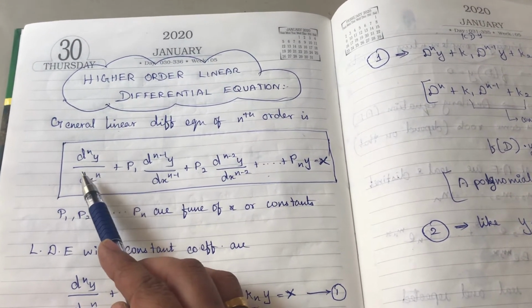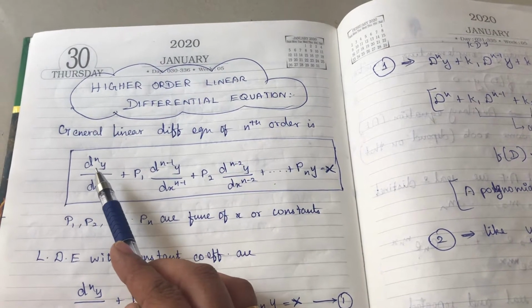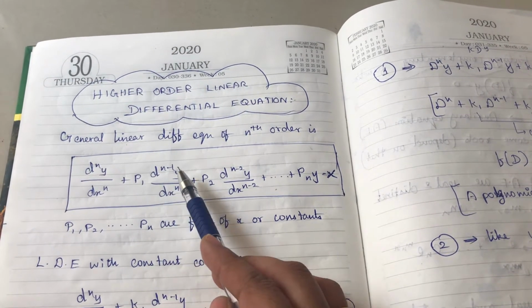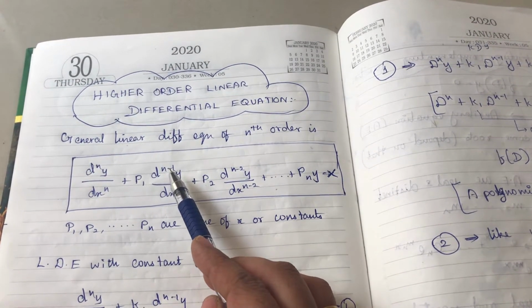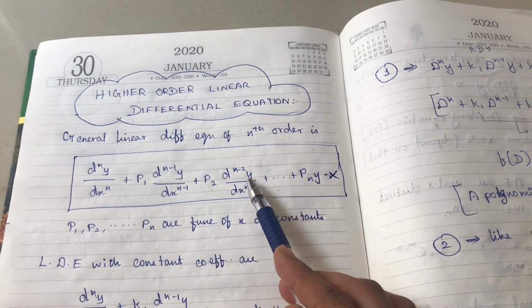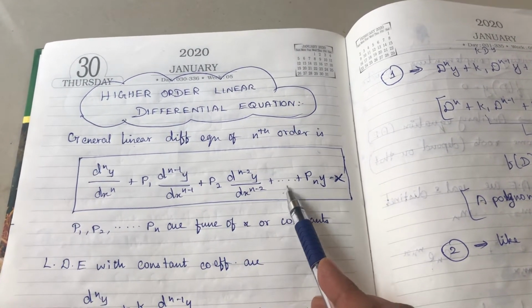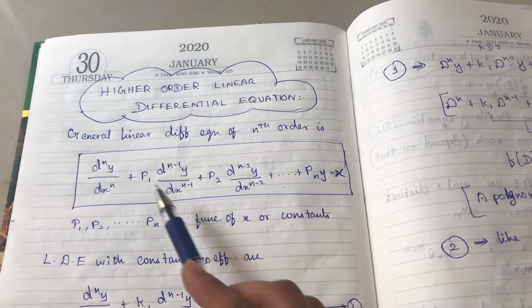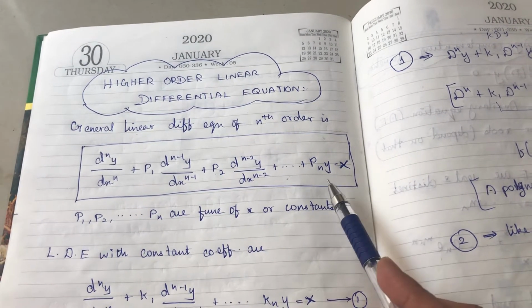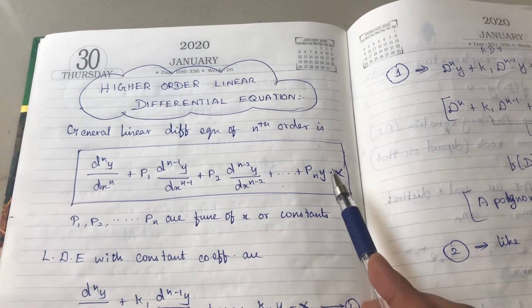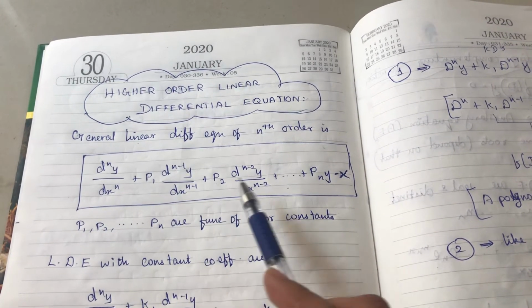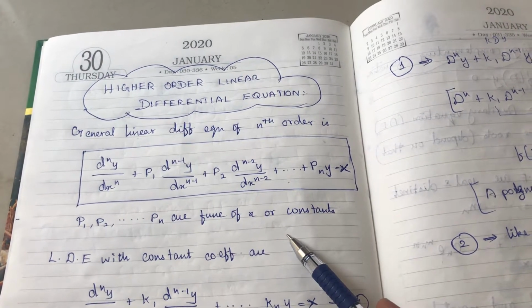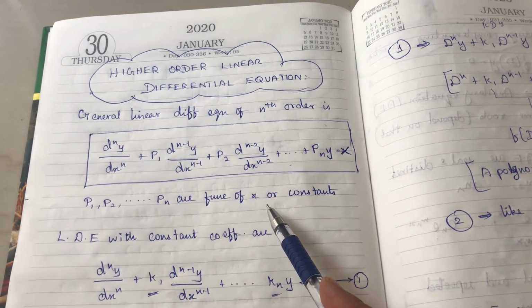Normally it will be d^n y by dx^n plus P1 d^(n-1) y by dx^(n-1), likewise P2 with n-2 and P3 with n-3, going on until the last term Pn y, which is equal to X. Here P1, P2, up to Pn are constants or functions of x.